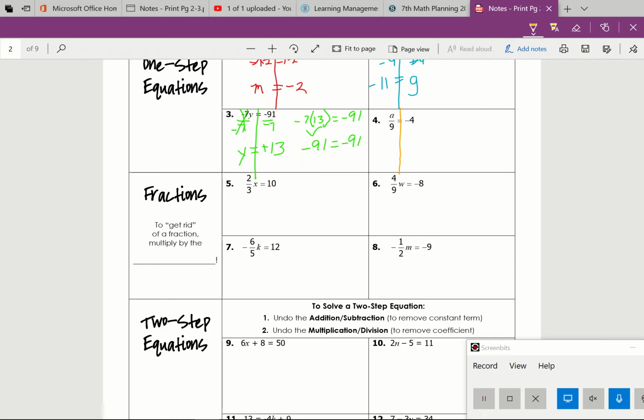This is a divide by 9. What's the opposite of dividing by 9? Multiplying by 9. These cancel out and you're left with A equals negative 36. All you're doing is multiplying. Don't let those weird you out.